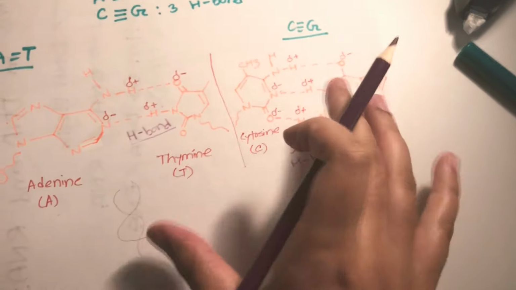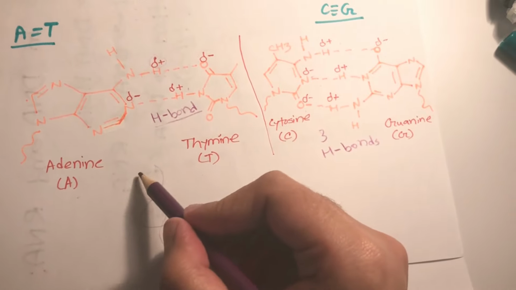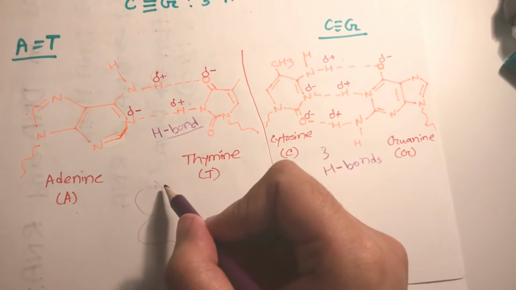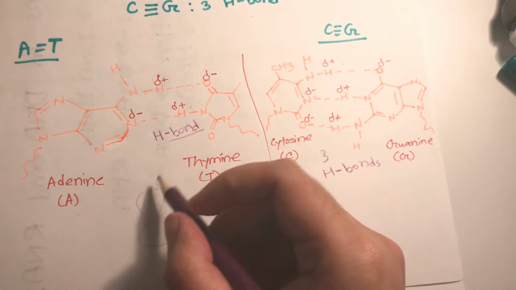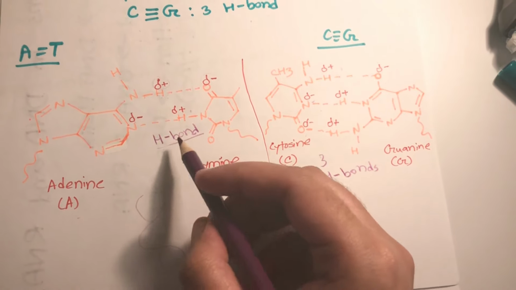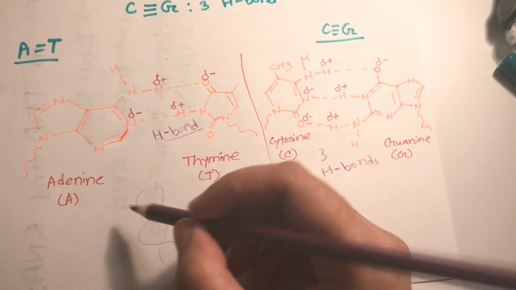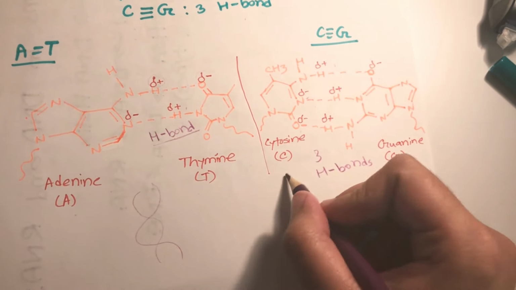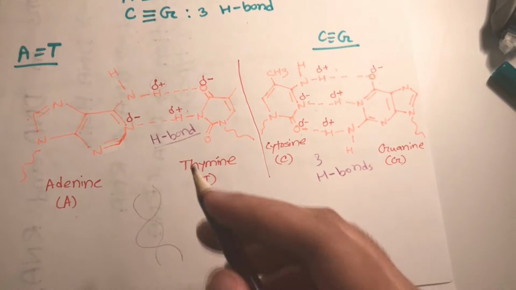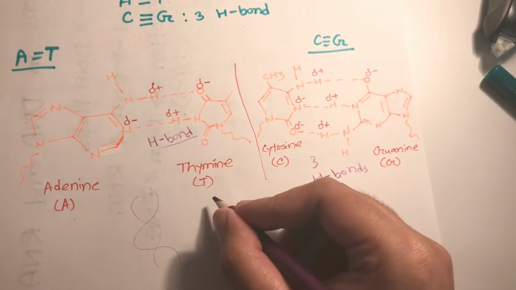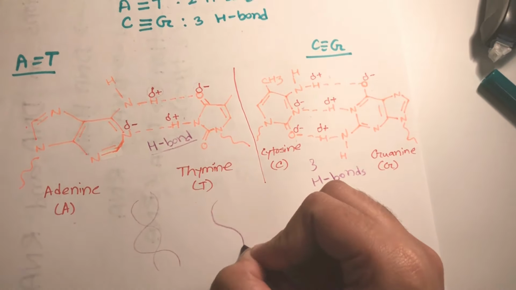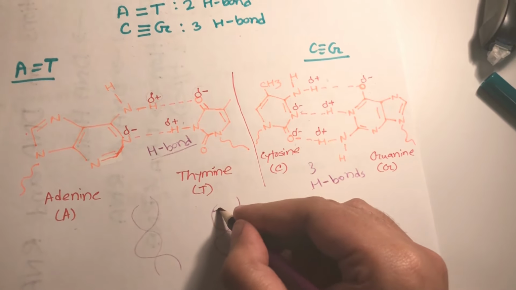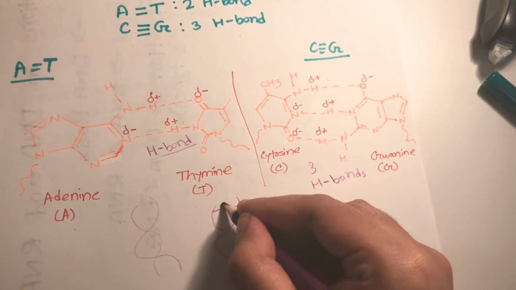By forming the hydrogen bonds, the DNA helix is formed, because the two strands are attached by this hydrogen bonding between adenine and thymine and between cytosine and guanine. So we can say that the strands of the DNA helix are bound to each other by forming hydrogen bonds like this.